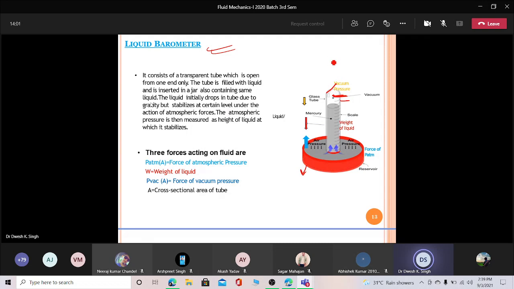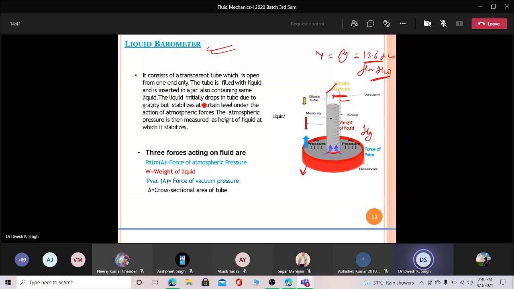That's why we use mercury, because the specific weight of mercury is 13.6 times higher than that of water. So mercury can balance more pressure with a very limited rise in height, and we can use a compact device. If it is water, it will require a very large tube.